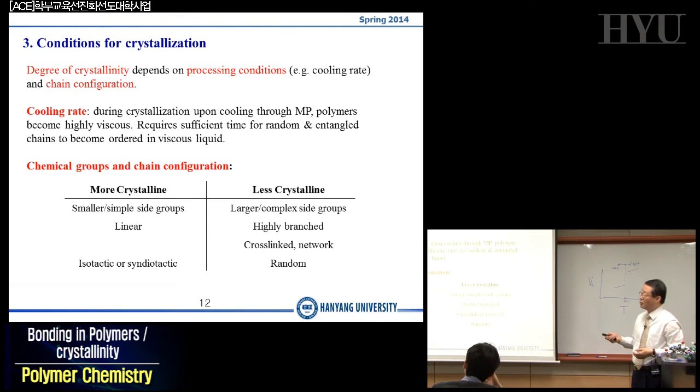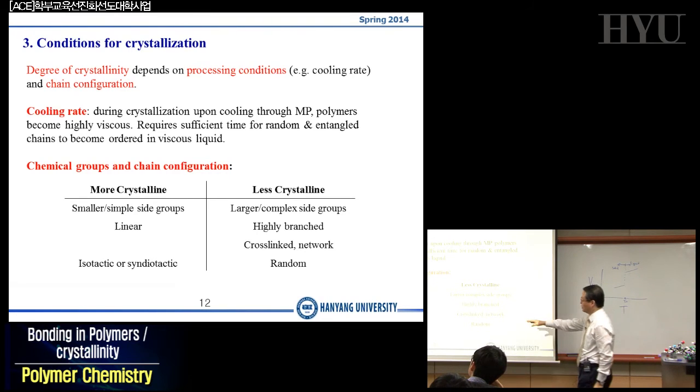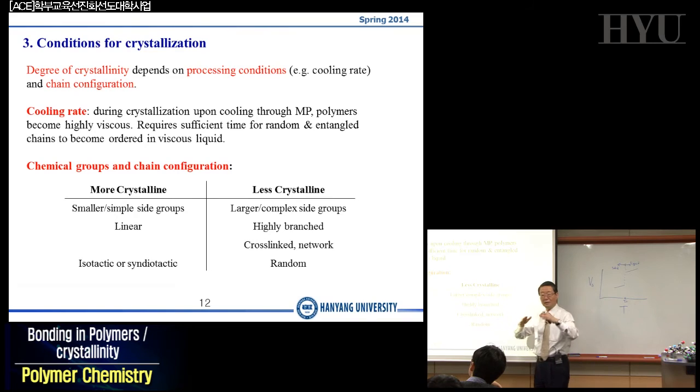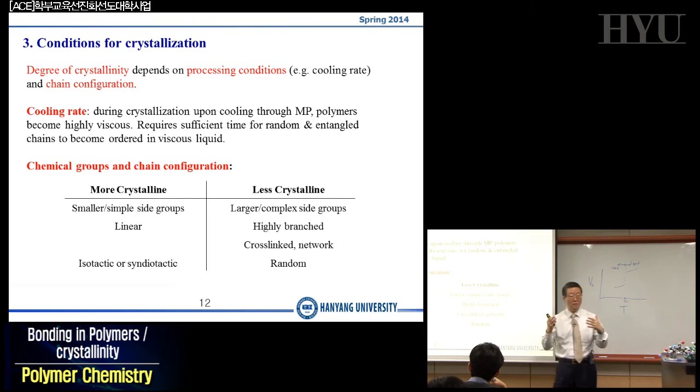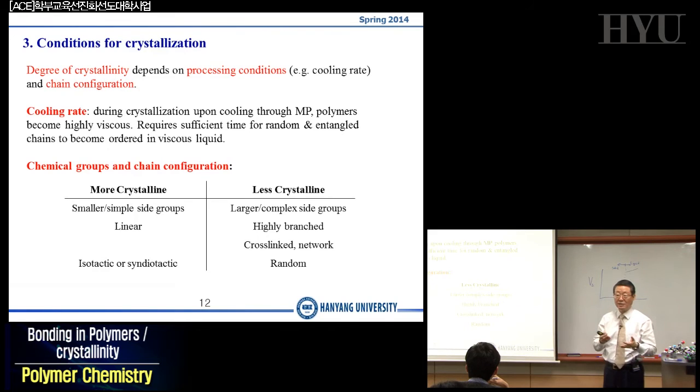Conditions such as cooling rate and stretching influence your crystallinity. And chemical structure and configuration always influence your percent crystallinity. If it's a cross-linked structure, it leads to lower density, so the crystals are quite less.